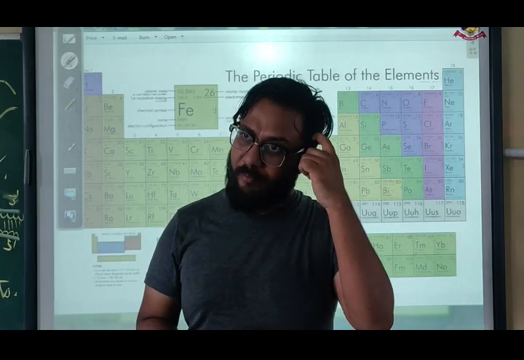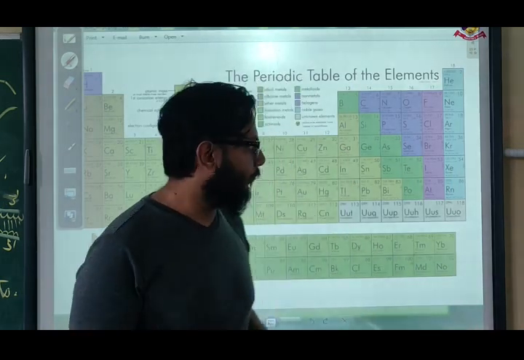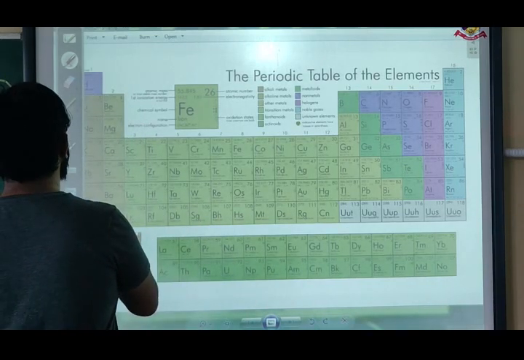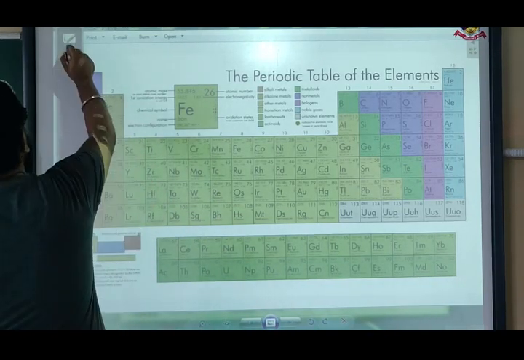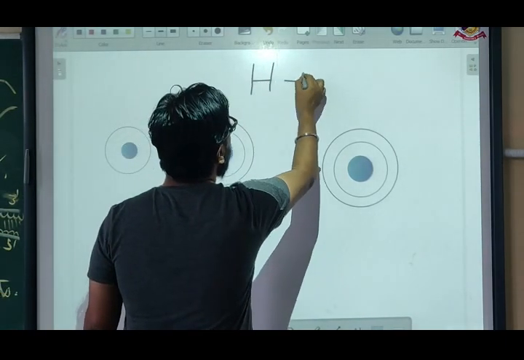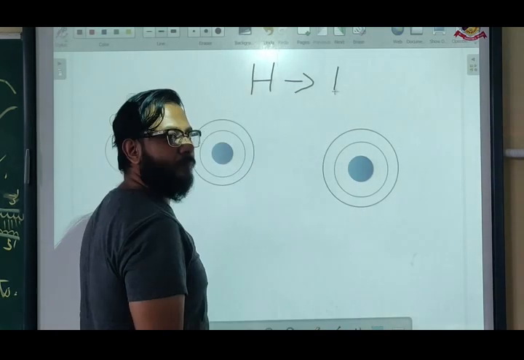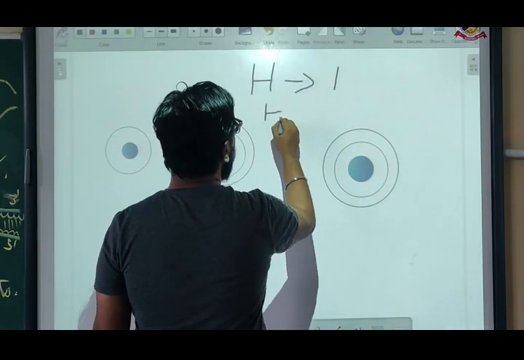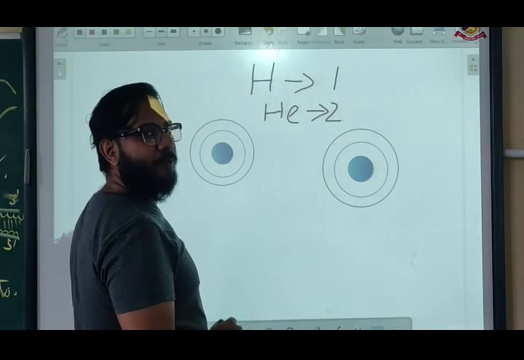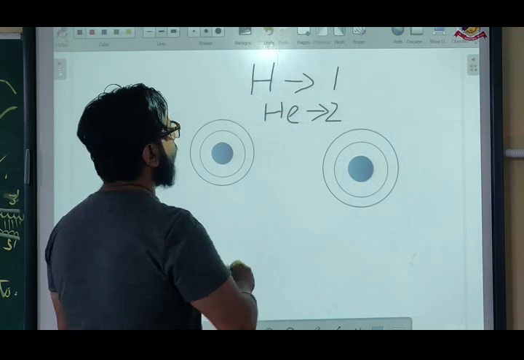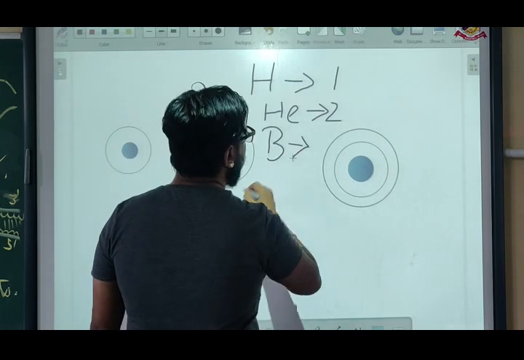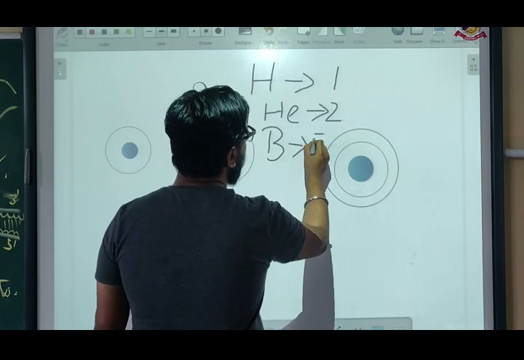So what does the atomic number tell us? From the table we got to know that hydrogen has an atomic number of 1, helium has an atomic number of 2, and boron has an atomic number of 5.